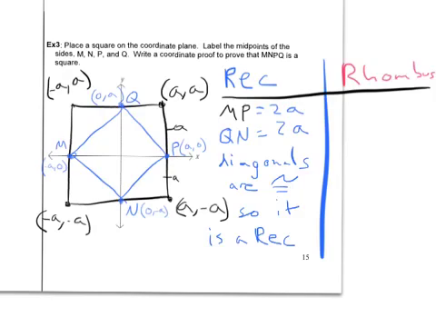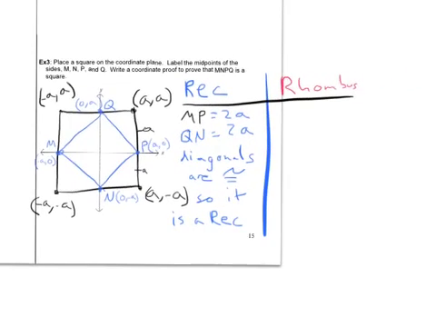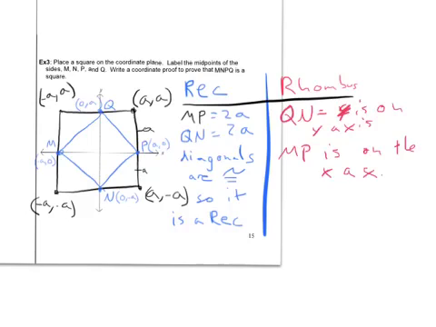All right, let's do the rhombus check now. For the rhombus check, we need to prove that the diagonals are perpendicular. We need to prove that this and this are perpendicular. Now this is actually a little bit easier because of where we chose to place it. We actually have the diagonals already drawn with the axes, and we see that QN is on the y-axis, and MP is on the x-axis.